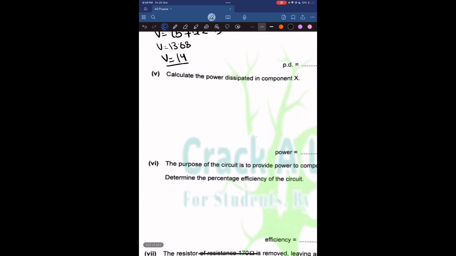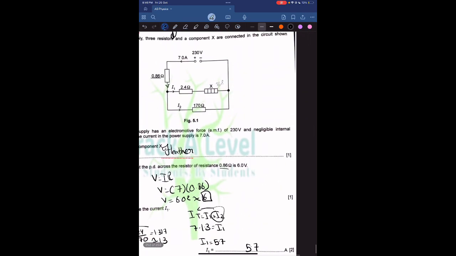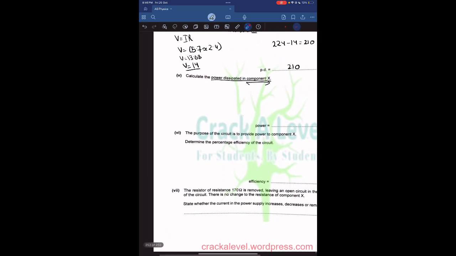It now says calculate the power dissipated by component X. So it's only asking the power used by component X. So you can use whatever formula you would like. Let's see what is given to us. We know the resistance. Yes, we know the resistance. We know the voltage across it. Yes, we even know the current across it. So you could use all of these formulas.